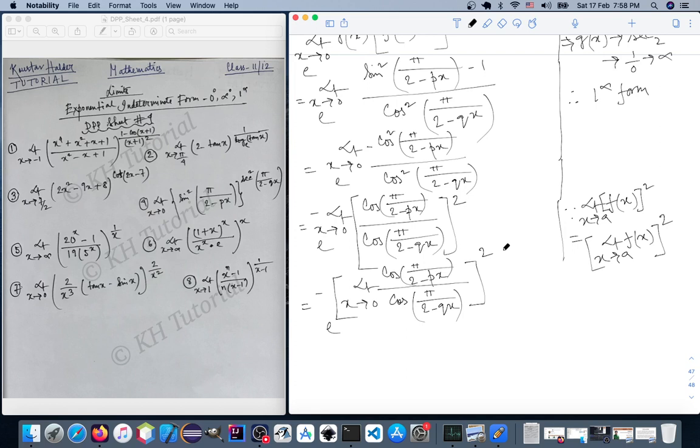Now we just need to find the limit of cos of pi by 2 minus px divided by cos of pi by 2 minus qx.